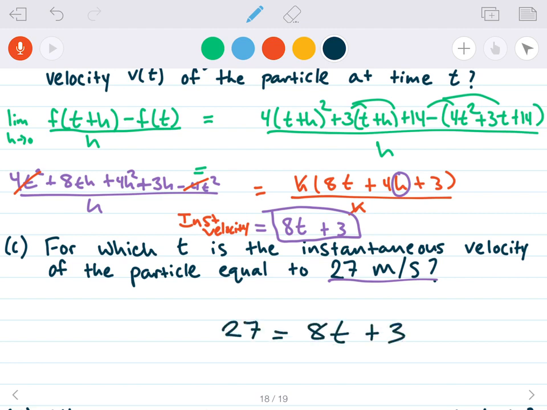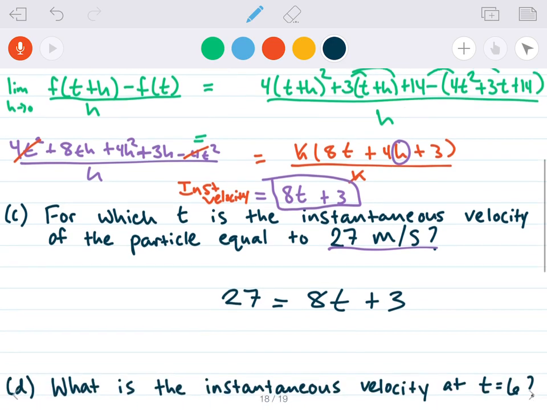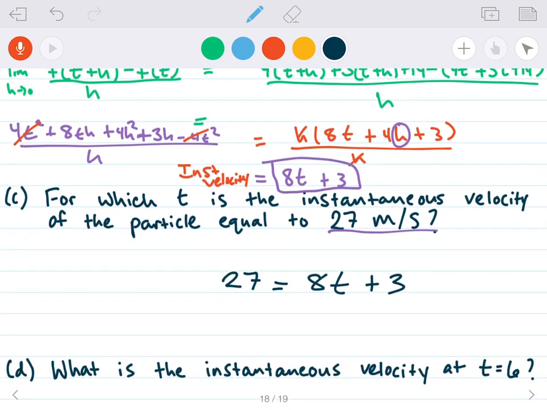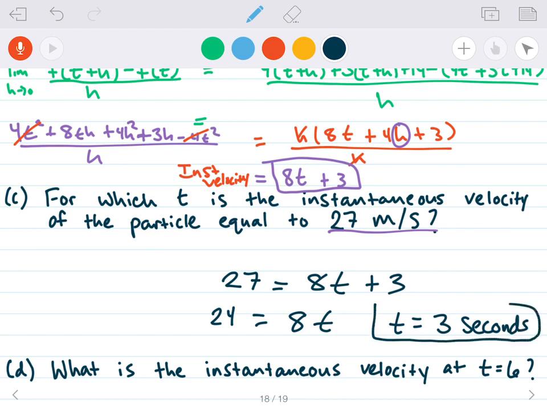Our instantaneous velocity is given by that equation, 8t plus 3. And now we need to solve for time. So if I subtract 3 from both sides, we get 24 equals 8t. Divide both sides by 8, and I get t equals 3 seconds. Okay, so at 3 seconds, my instantaneous velocity is 27 meters per second.